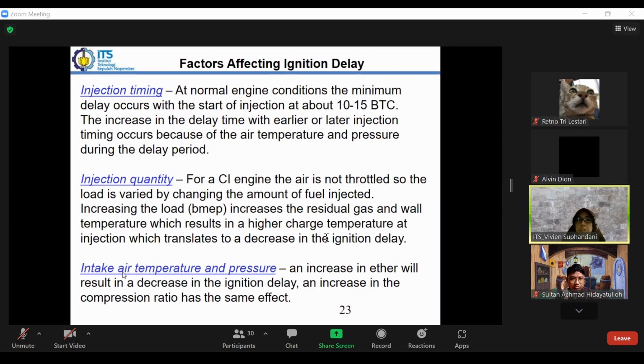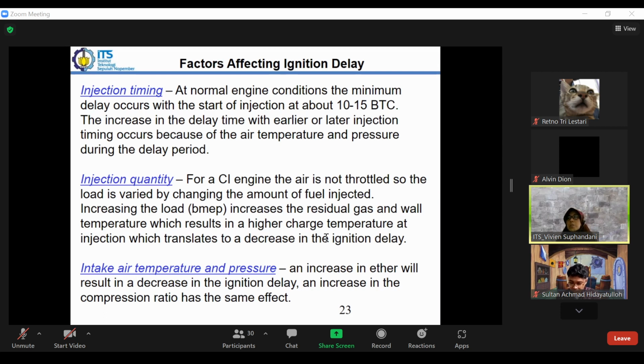And also, of course, the intake air temperature and pressure. When we have higher temperature and pressure, we will have shorter ignition delay. And because we talk about pressure, this also relates to the compression ratio. If we have a higher compression ratio, at the end of the motoring process the pressure will be higher as well.